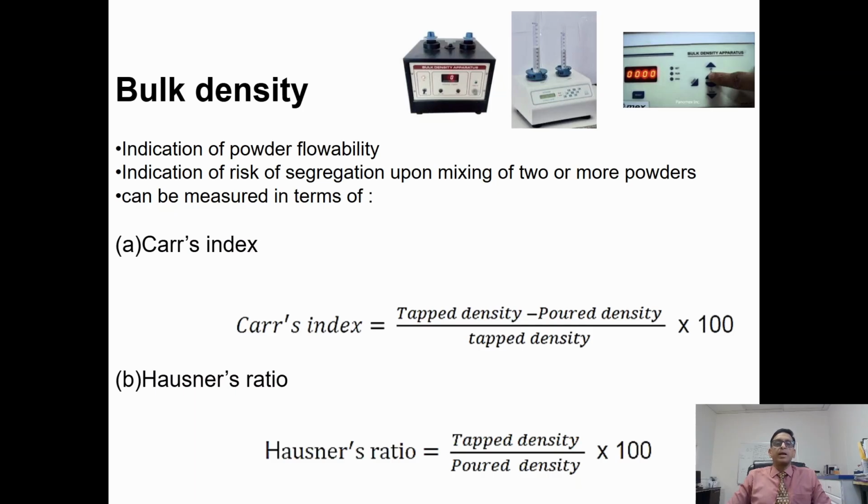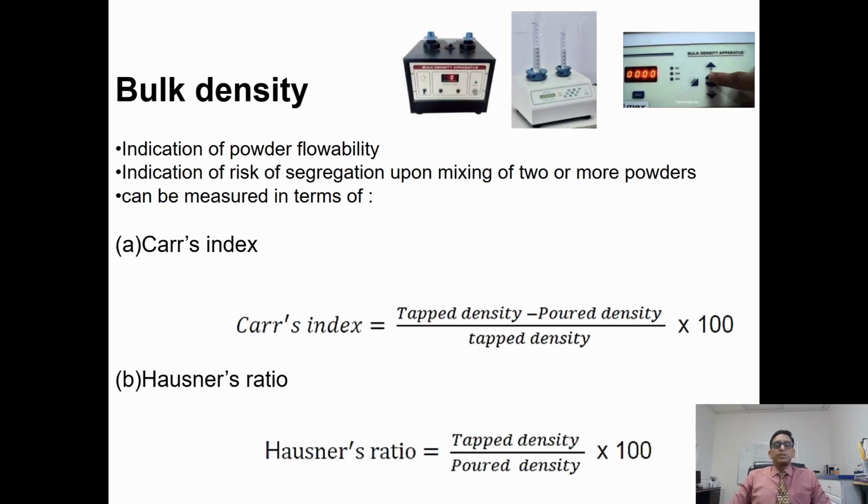Bulk density basically indicates the flowability of powders, and whether there is any chance of segregation. With improper powder flowability, there will be chances of segregation when we mix powders of two different natures. That's why we have to characterize the powder's flowability before formulating it into a tablet or a capsule dosage form.